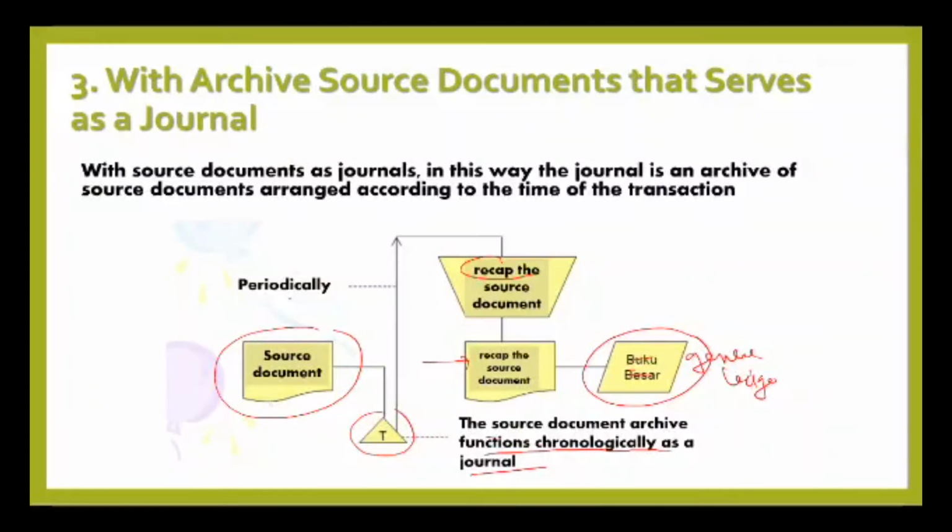So if you have maybe 10 cash sales, you have to make it into one document, which is the total amount of the 10 cash sales, and then you can use it to post to the general ledger.